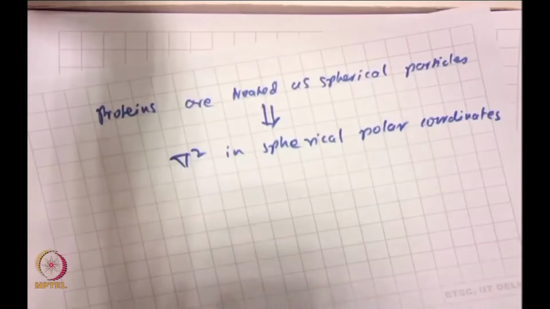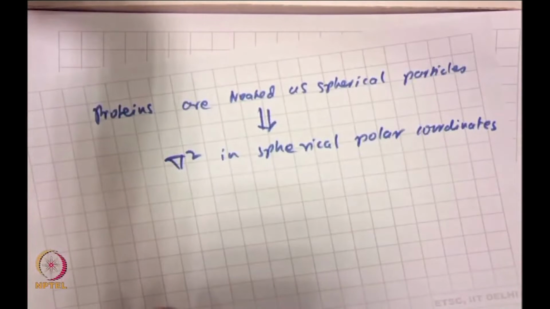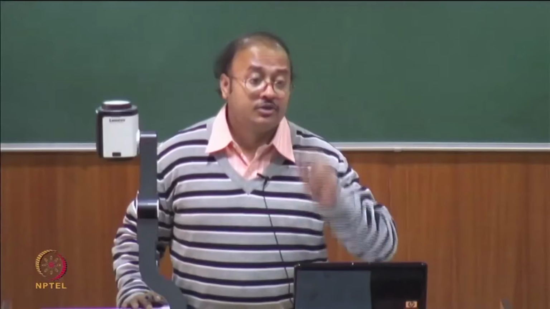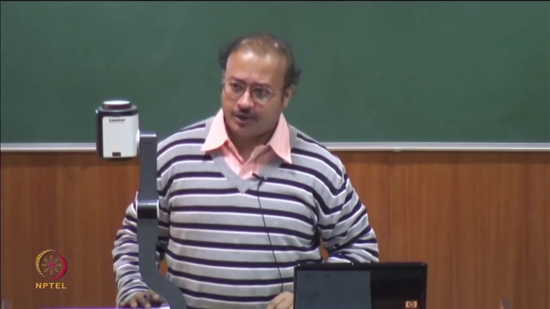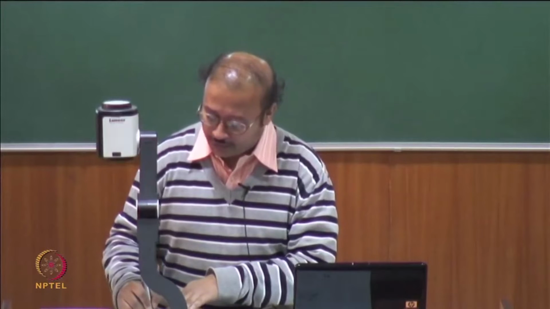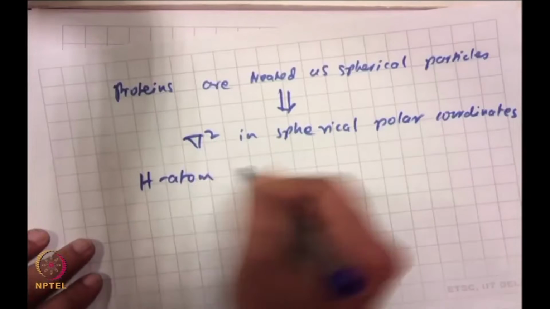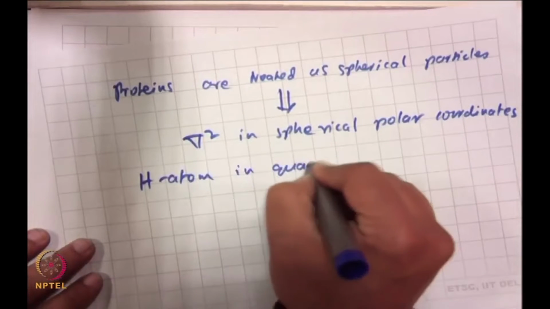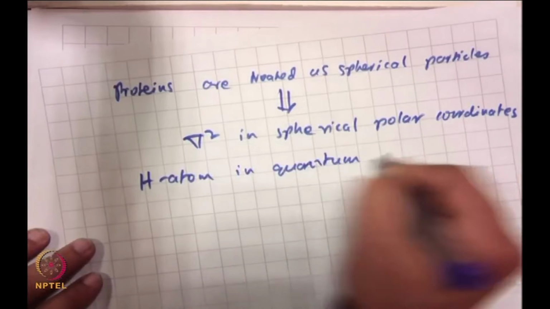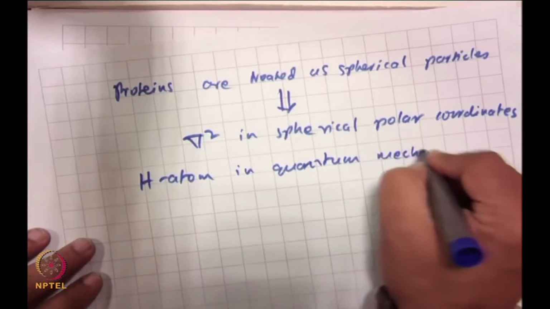This is something you have done in quantum mechanics when you started doing rotation in 3D and then went over the hydrogen atom. In the hydrogen atom you had 3 variables. When you are talking about a hydrogen atom in quantum mechanics, what was your wave function depending upon? Okay.